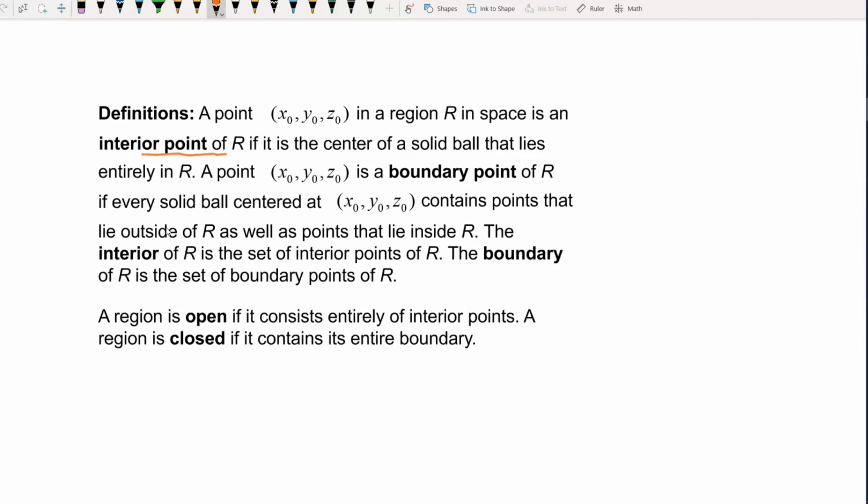It is an interior point of R if it is the center of a solid ball that lies entirely in R. And the point x naught, y naught, z naught is a boundary point of R if every solid ball centered at x naught, y naught, z naught contains points that lie outside of R as well as points that lie inside R. The interior of R is the set of interior points of R. The boundary of R is the set of boundary points of R. The region is open if it consists entirely of interior points. The region is closed if it contains its entire boundary.